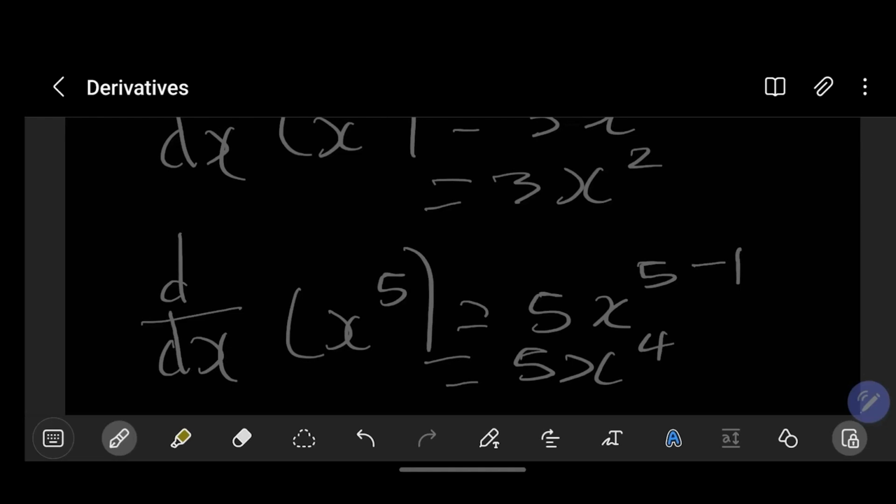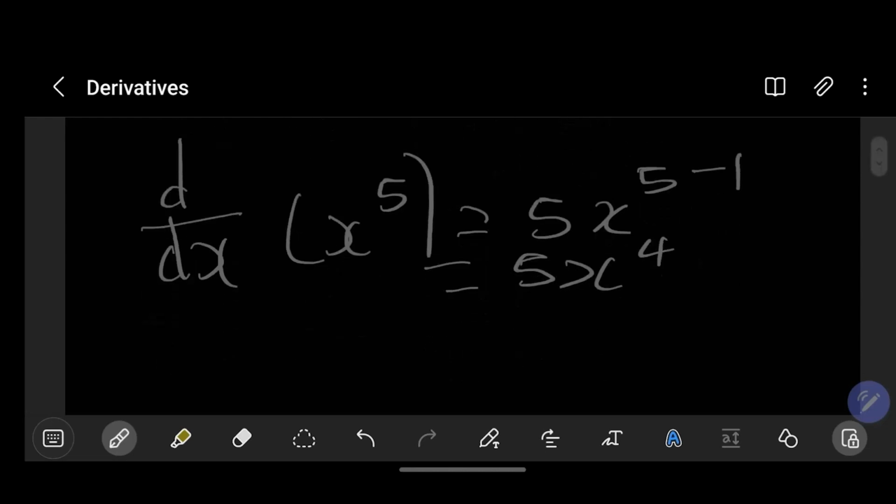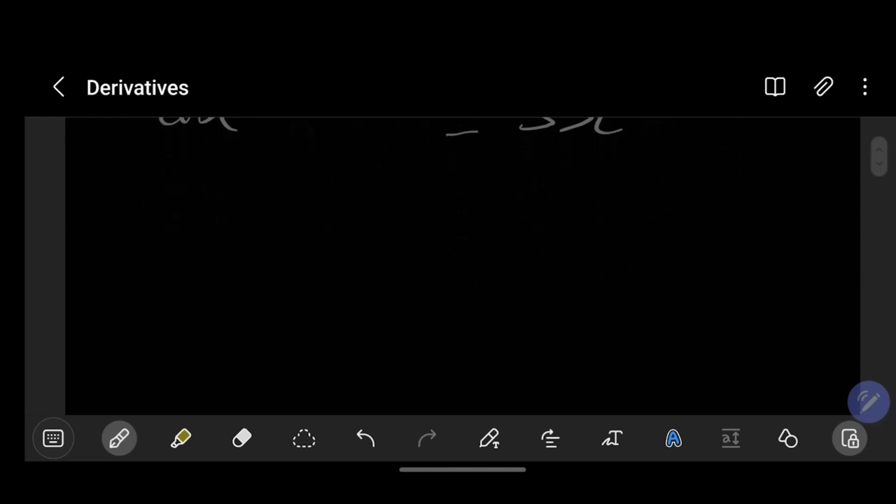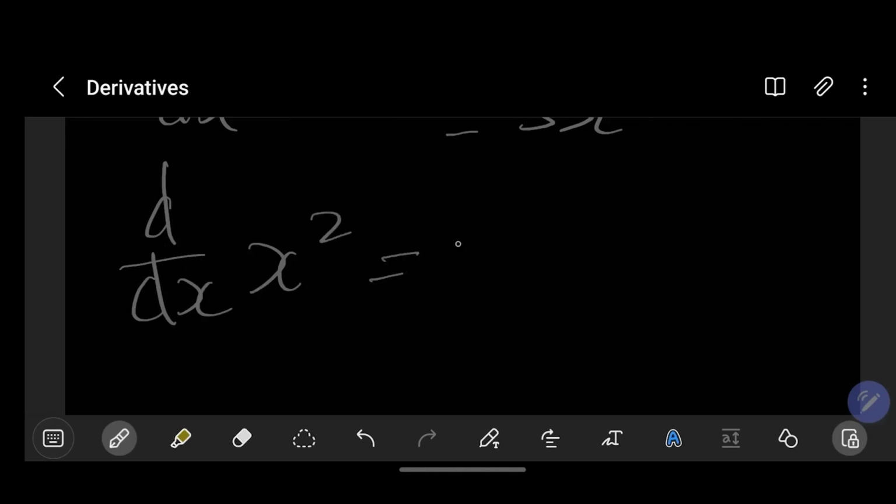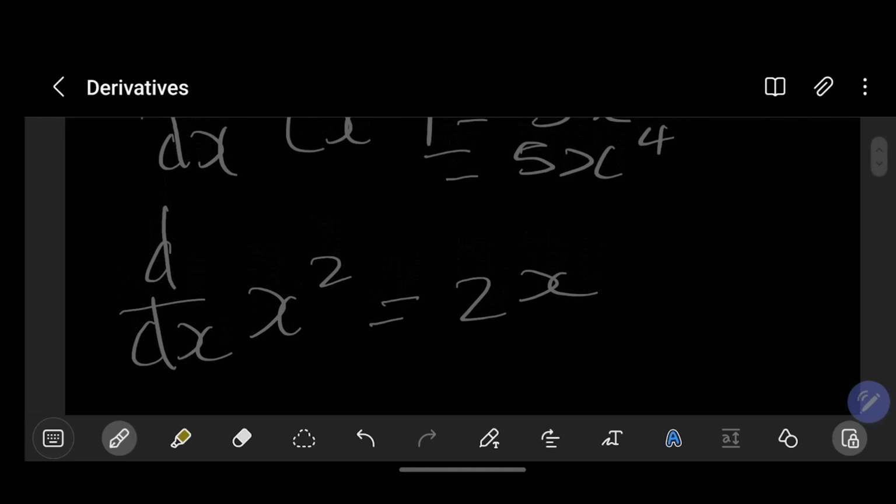Let's look at another one and let's see if we can prove it. So if we have d by dx of x squared, that's equal to 2x. That's what the power rule is telling us, because it's basically 2 minus 1, which is just 2x. Okay, but can we prove this, right?